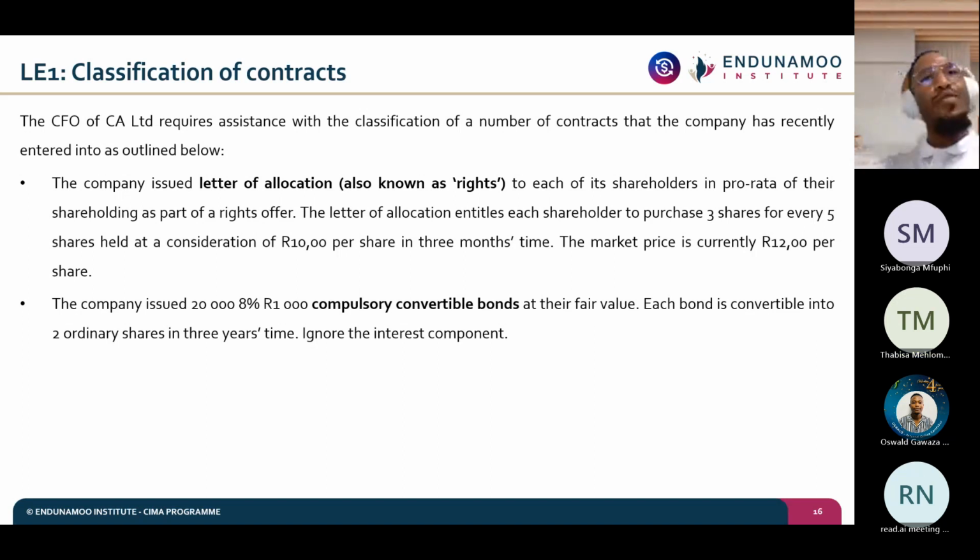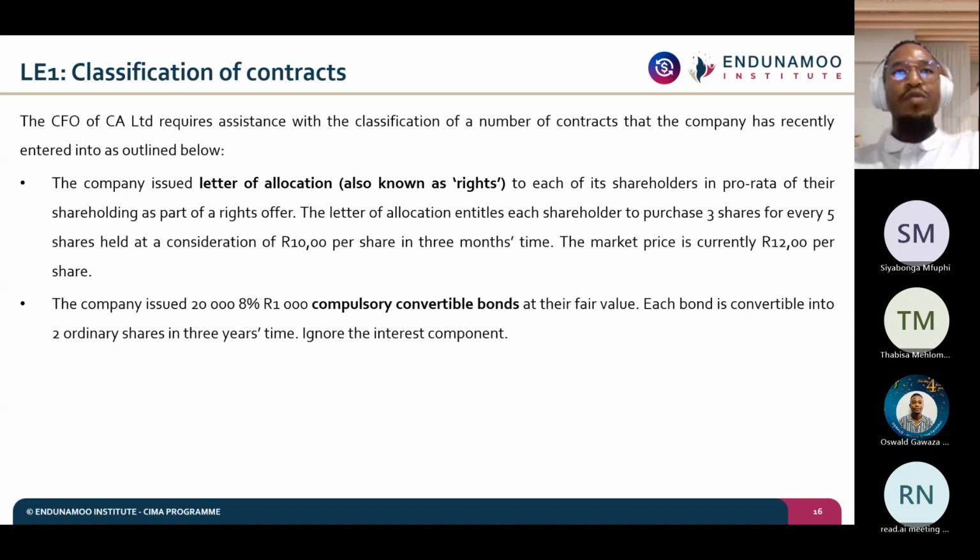Great. Tabisa, while I have you unmuted, let's take the second one, you and I. CA Limited has issued 20,000 8%, 1,000 Rand compulsory convertible bonds at their fair value.